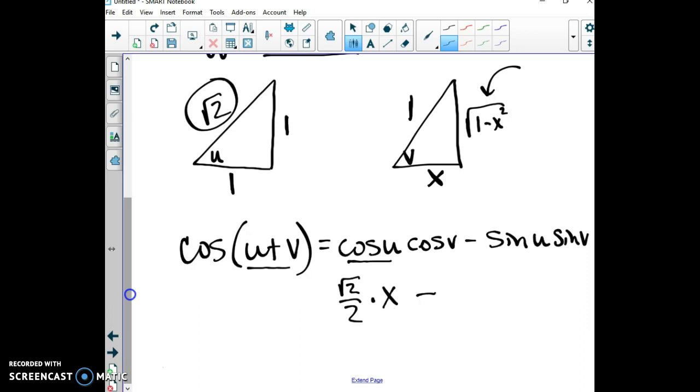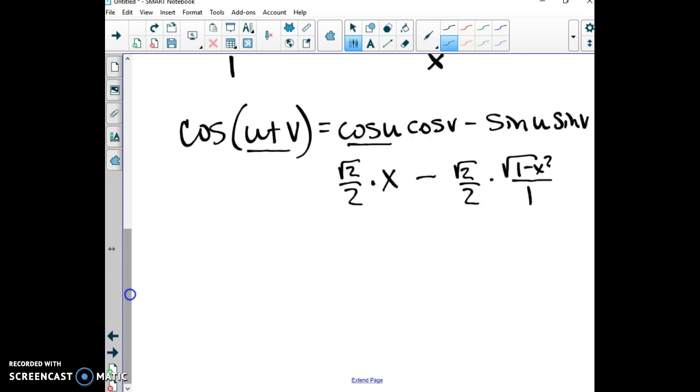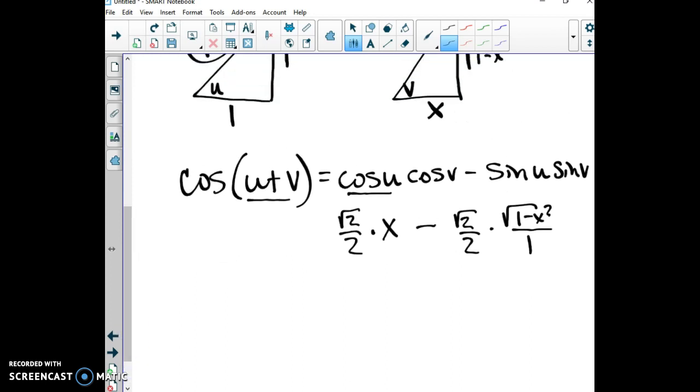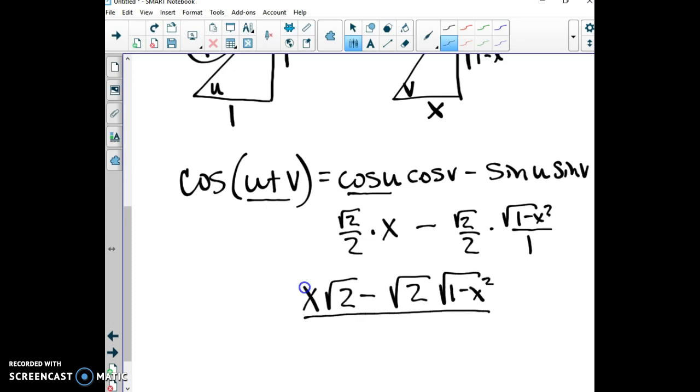From that, we're going to subtract the sine of u, again, opposite over hypotenuse, so square root of 2 over 2, and the sine of v, opposite, square root of 1 minus x squared over 1. So in simplifying that, we get x square root of 2 minus the square root of 2 times the square root of 1 minus x squared, and that is all over 2.